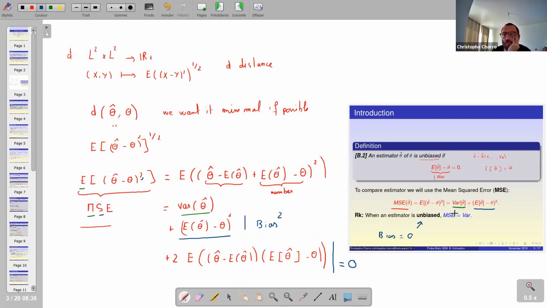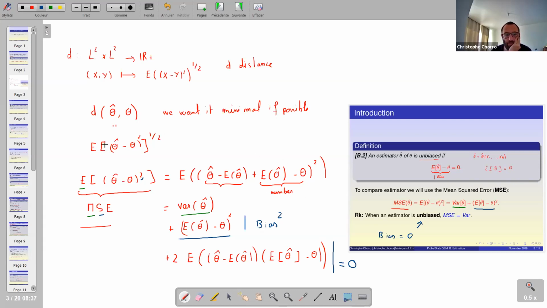So when you have an unbiased estimator, if you want to compute the mean square error related to my approximation process, I just have to compute the variance of this estimator. And if I want to compare two unbiased estimators, it is sufficient for me to compare their variances, because the mean square error is equal to the variance in this case.